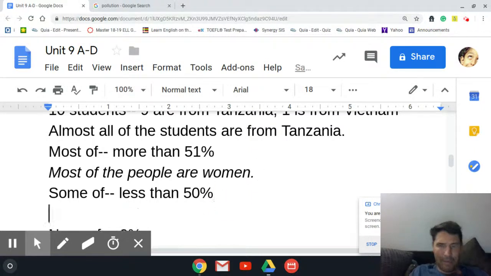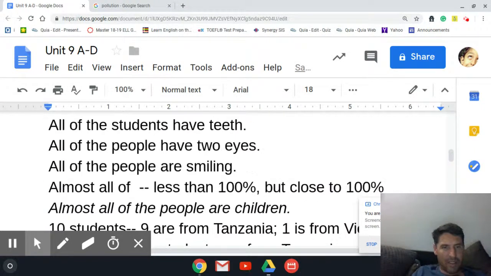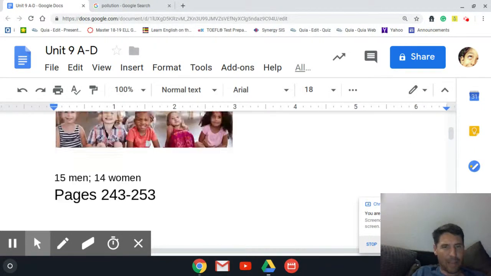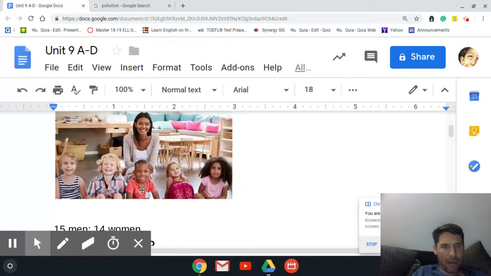Some of would be less than 50%. I don't know that we can come up with some of for this. Well, I guess we could. We have a female, male, male, female, female, right?